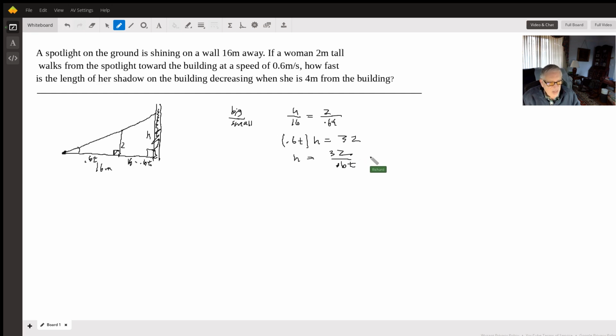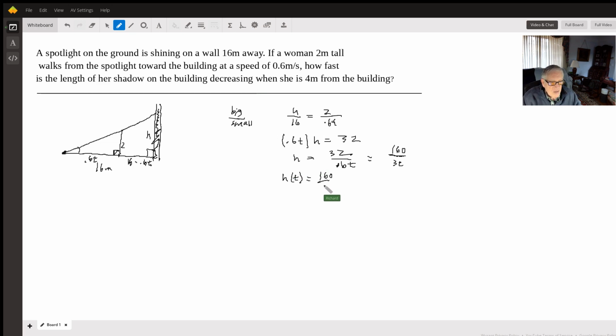And we can simplify that and write it as 160 over 3t. You can do that on your calculator. So now I'm ready to write it as a function of t, and it's just 160. I don't know why I put the prime there. We'll do that next step.